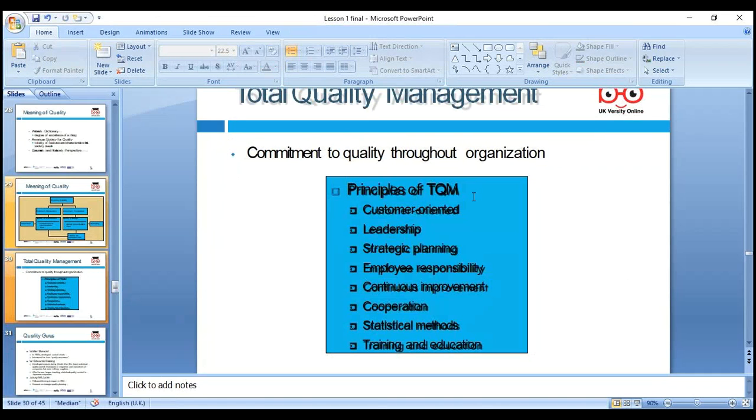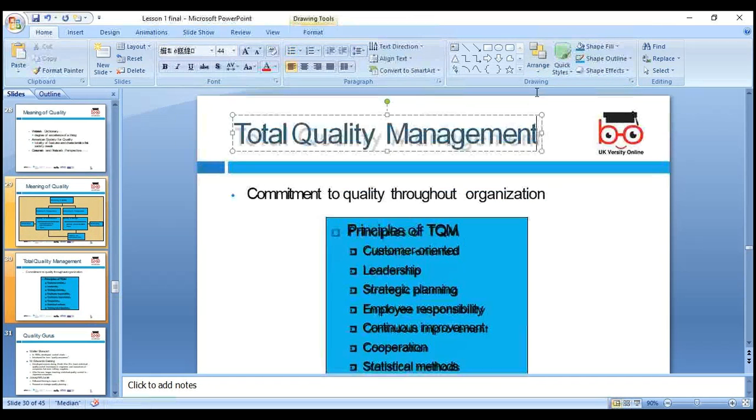Okay, any question? Next, we're looking at quality throughout the organization, TQM. We learned about TQM, total quality management. It means that in our organization, if we have a policy, everything we do is on quality. First, you advertise in a quality newspaper.